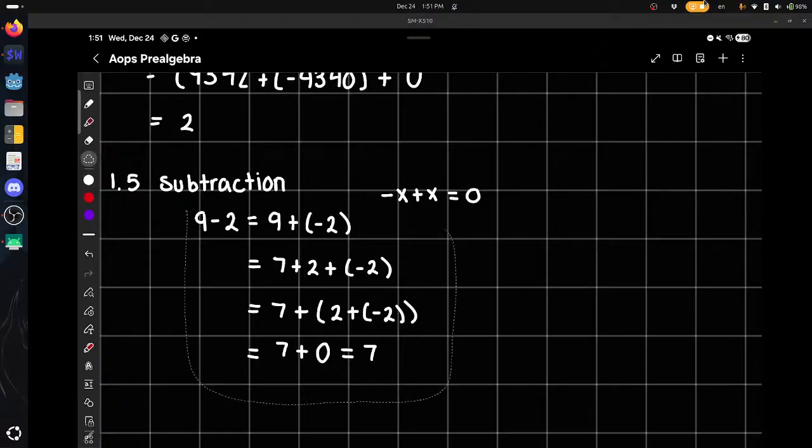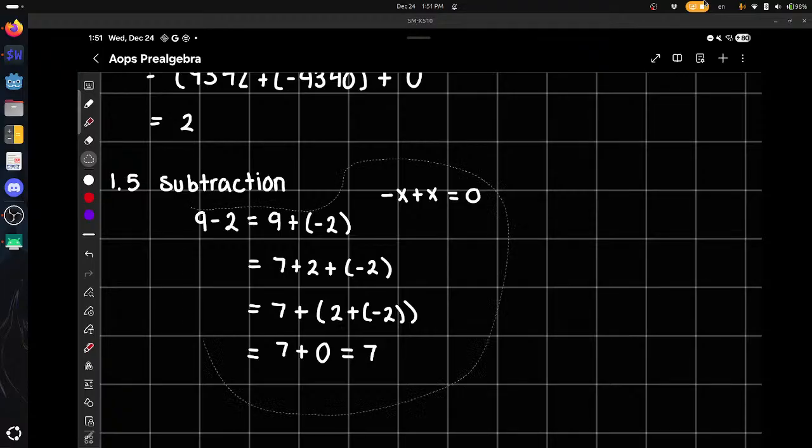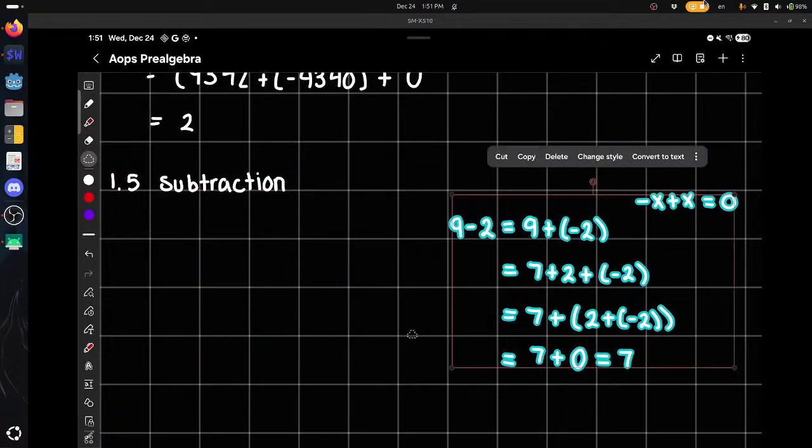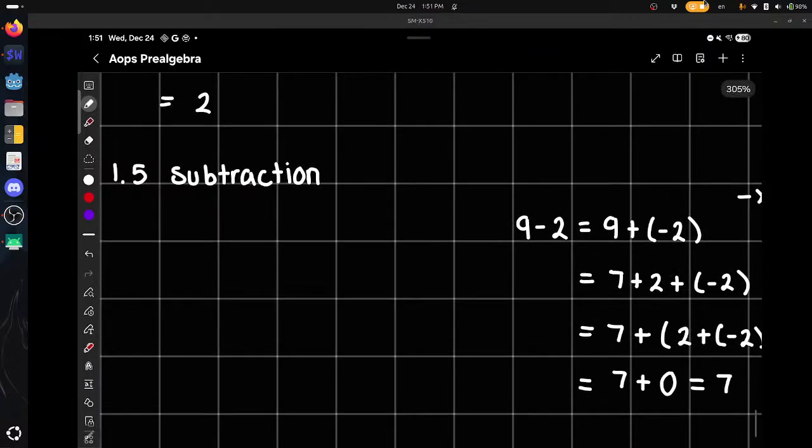I'll move this example here. Okay. Yep, and the next page even states the definition. A minus b is really a plus the negation of b.